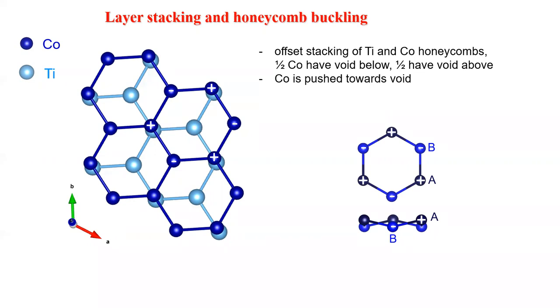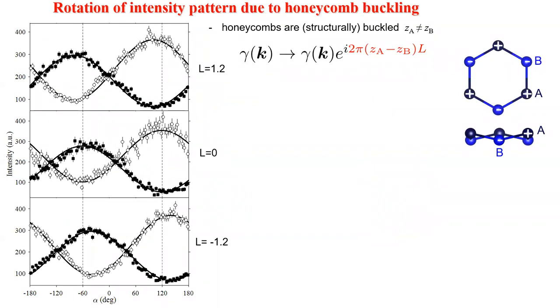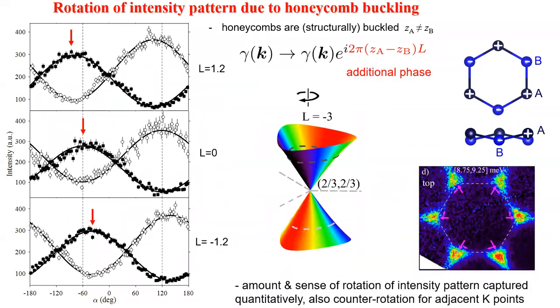So the sites that are above voids will push themselves into the voids, and the sites that are above atoms will push themselves up. So there's an alternation in position as we go along the honeycomb, and this can be captured by adding a phase factor to the hopping term, and this gives rise to an interference that depends on L.